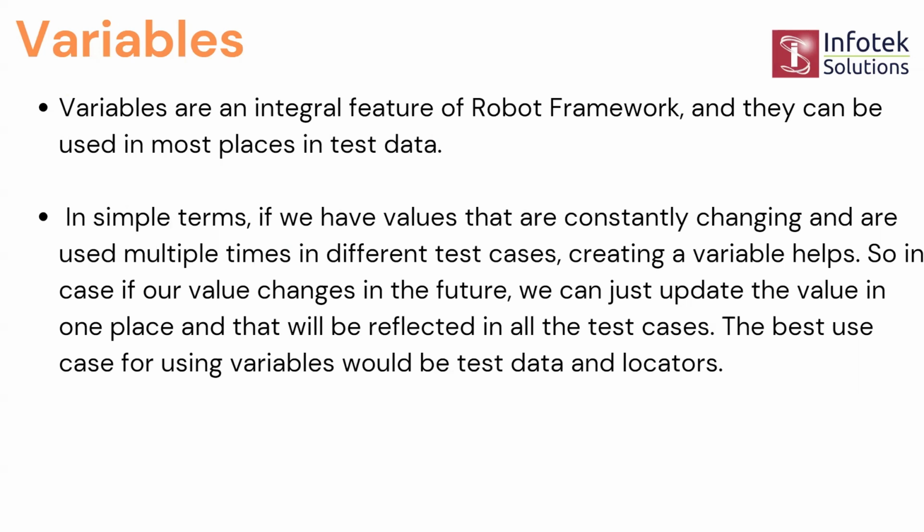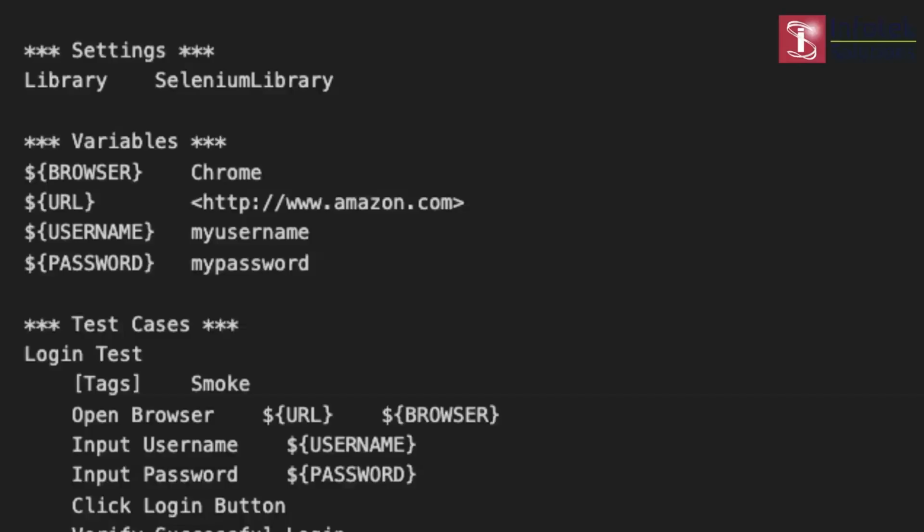In Robot Framework, there is a section called variables where you are free to write your variables. As many variables as you want, just create them and store the values in them. The best thing about using variables is that in future, if you want to change these values, you just go to that variable, change the value, and it is updated. That's the story of variables, and this is how we used to do it before. The story is similar here as well.